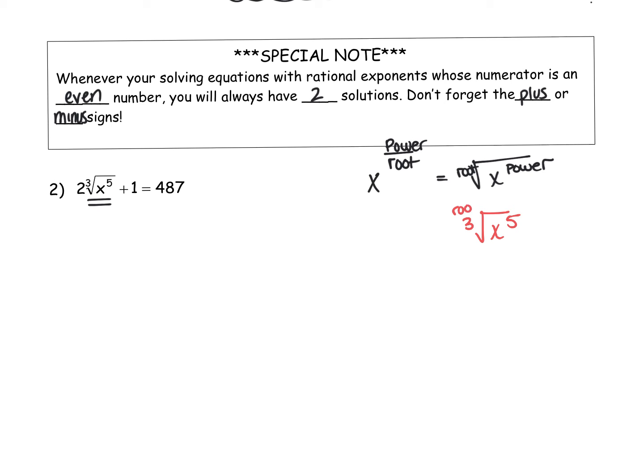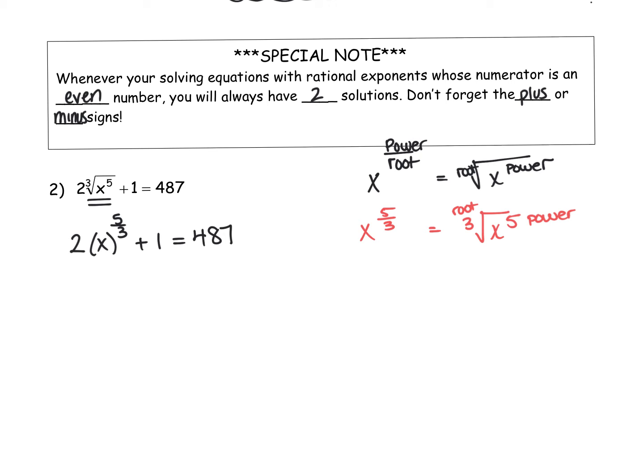So 3 is my root, 5 is my power. So I'm going to go back and say this is x to the 5 over 3. So we're just going to rewrite that. We have 2 times x to the 5 thirds plus 1 must equal 487.